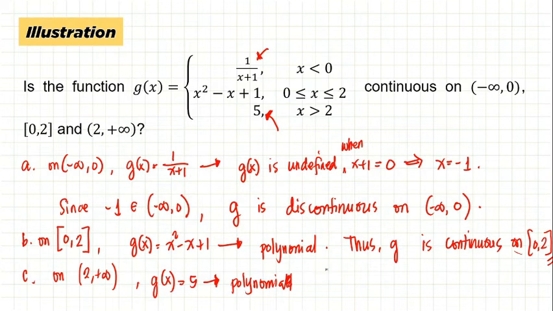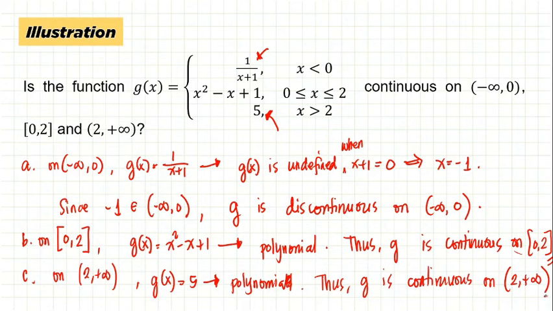So therefore, we can say that g is continuous because it is polynomial again on 2 to positive infinity. Okay, so that's all. So it is easy to determine. You need to familiarize the theorems that we have discussed.